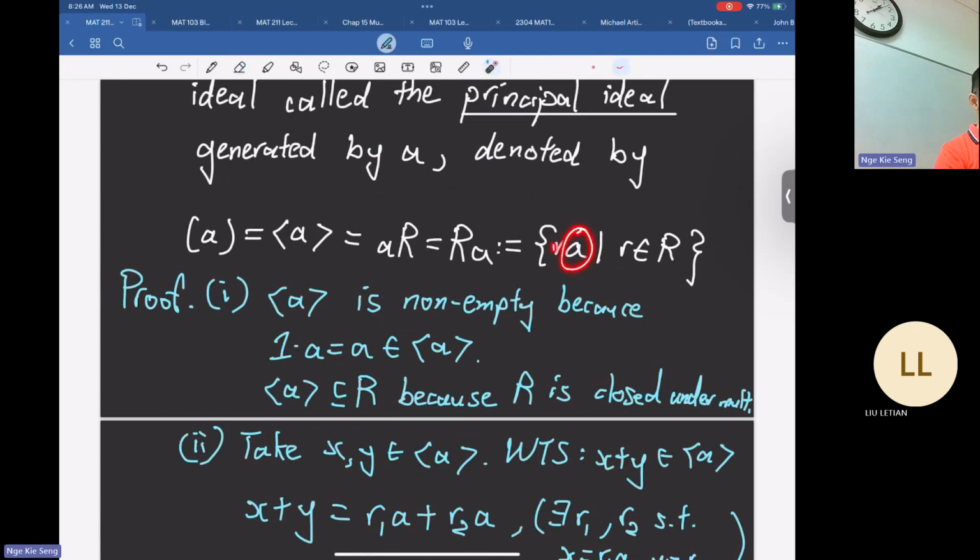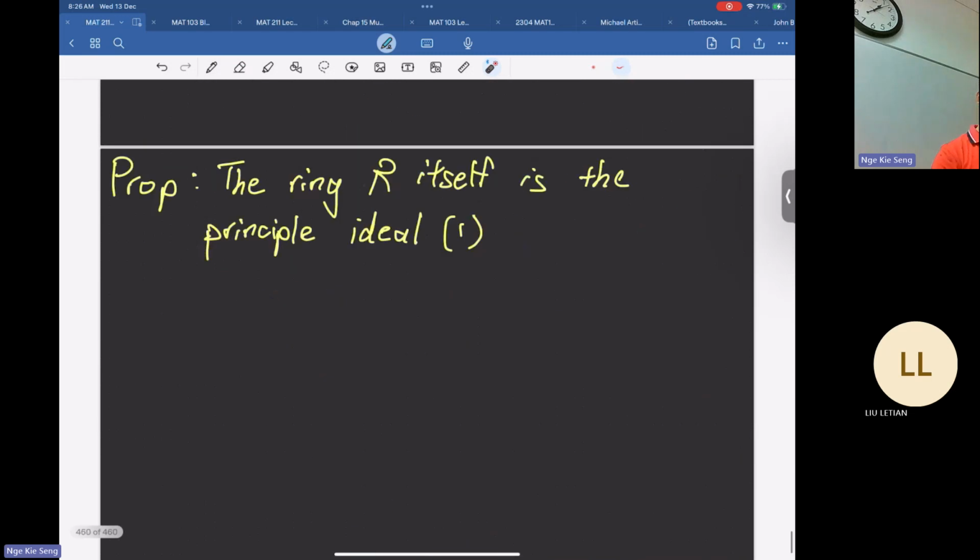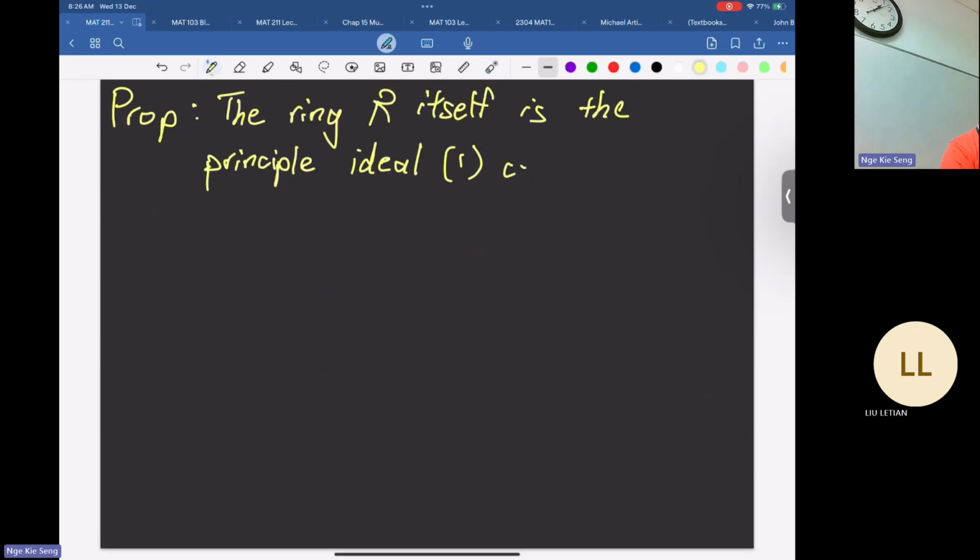What do you get? Everything here is r times one, so you get back your r, which is any r from the ring. So you will generate the ring. This is called the unit ideal.